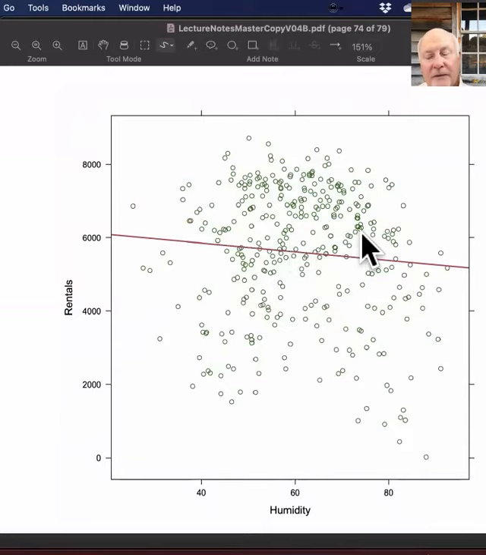Okay, so I'll try and make this clear. If I just look at that line, what that says to me is this model thinks that there is a pretty slight decrease in rentals for every percent increase in humidity.